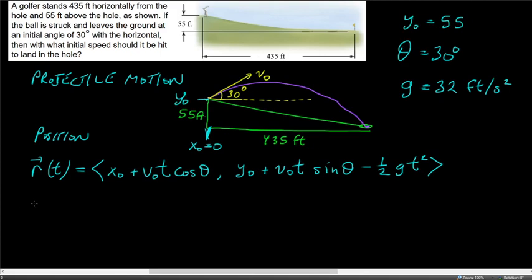Right. So let's plug in our numbers and get our specific position function here. So again, x0 is 0. We don't know what v0 is, so that's our variable. And we don't know what t is. t is essentially how long it takes to get into the hole after it was struck.